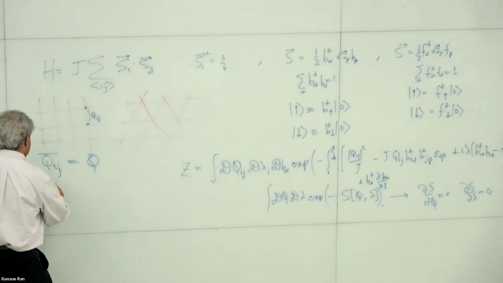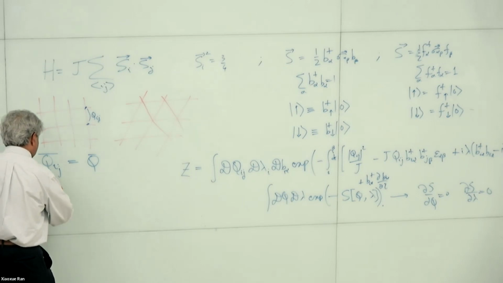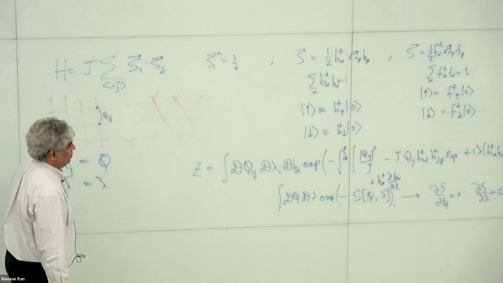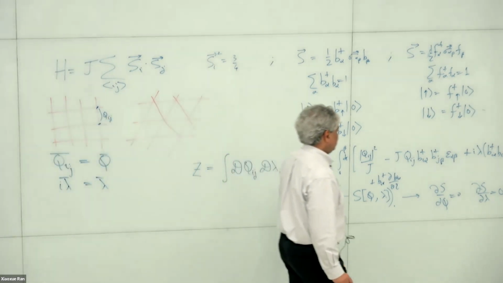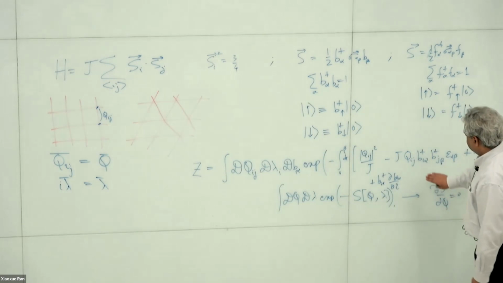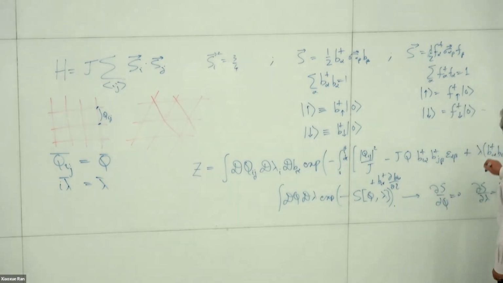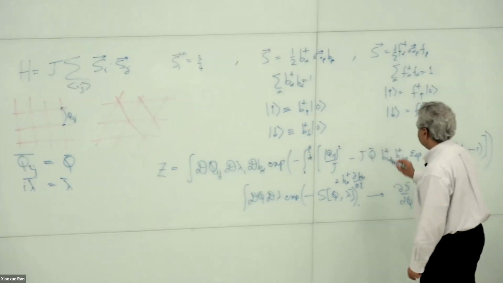And similarly, you get i lambda average value is just some lambda bar. So basically, this means that to zeroth order, you can just replace this Q by a constant and this lambda by a constant, lambda bar.